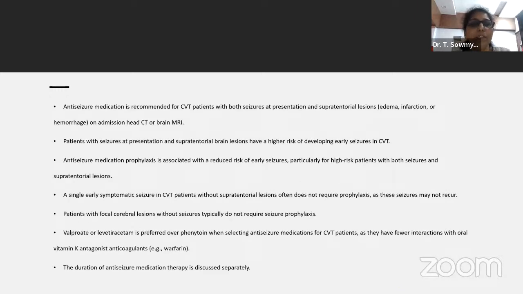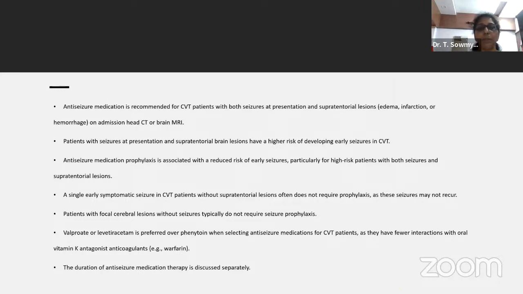And coming to the anti-seizure medication, it will be given in patients who present with seizures and supratentorial lesions like edema, infarction, or hemorrhage on CT or MRI.